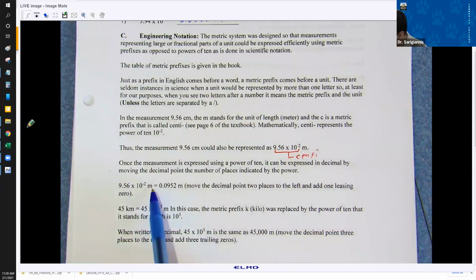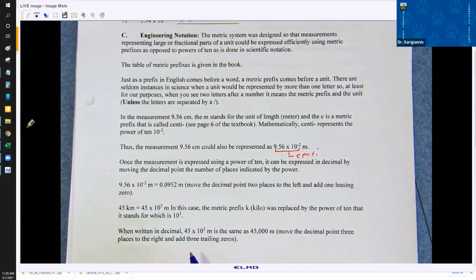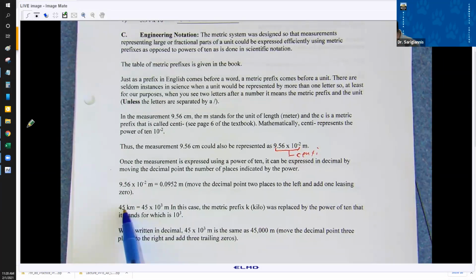Yeah, that's basically what it's telling you. 9.56 times 10 to the minus 2 meters. That looks like this, 0.0956 meters. This is the same as 9.56 centimeters. And then this is an example of kilometers, 45 kilometers.